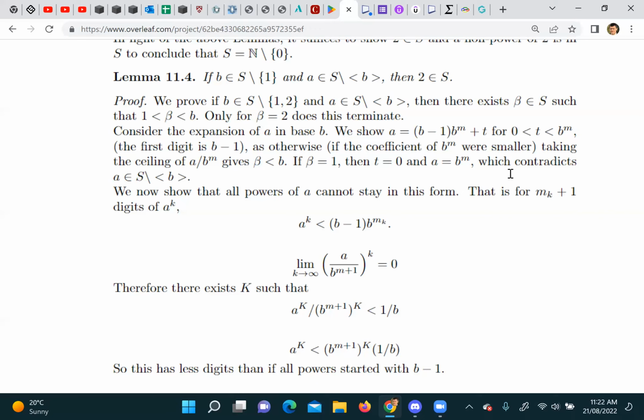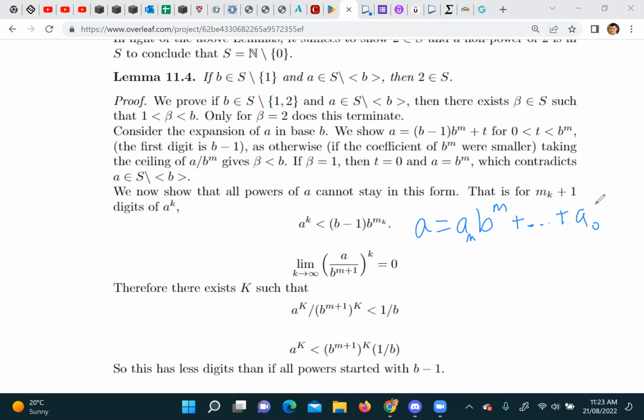So for example, A equals the first digit plus some other stuff. I want to show that the leading digit A sub m is b minus 1.